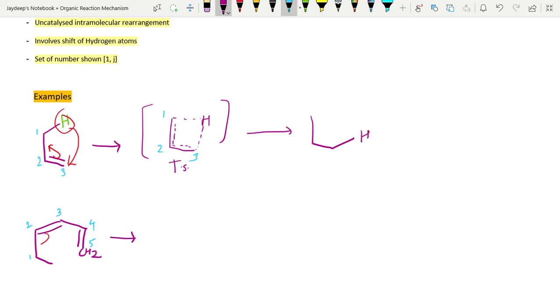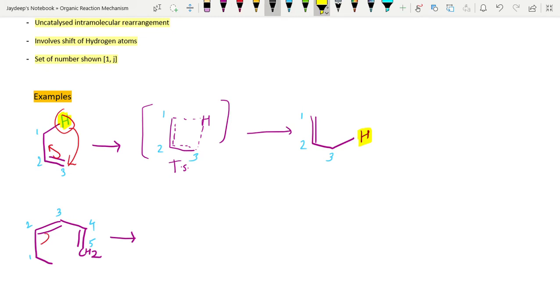Again the numbering should be here, this is 1, 2, 3. Numbering should be according to the starting material because we have to find out the position of hydrogen in the product. Now if you look at the position of this hydrogen in the reactant, it is at position 1, while in the product it is at the third position.